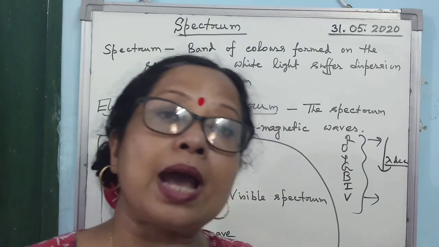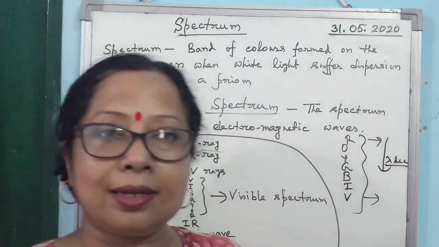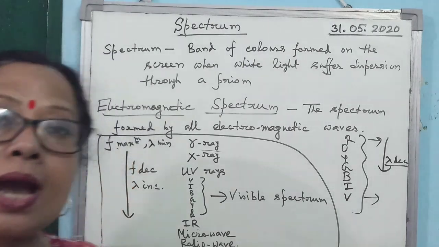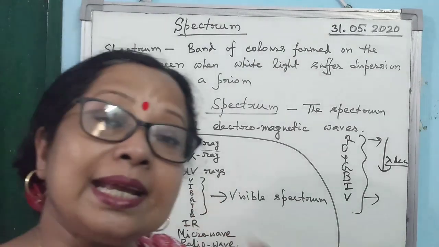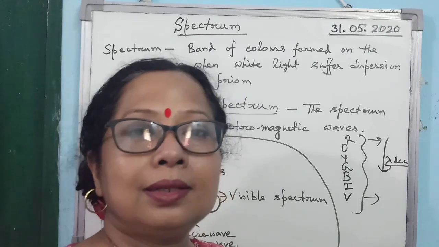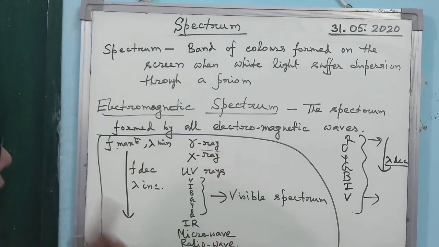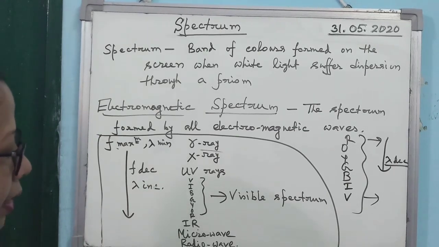Then what will you be asked? You have to arrange them in increasing order of wavelength, or it may be asked to arrange them in decreasing order of wavelength. Then you have to remember this fact. I have taken micro first, then X-ray, then green, then radio wave.